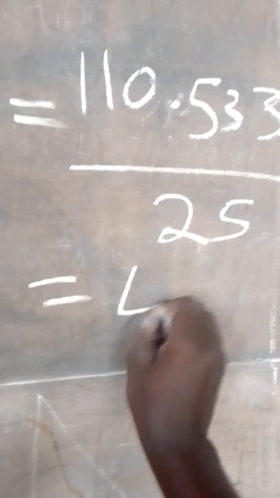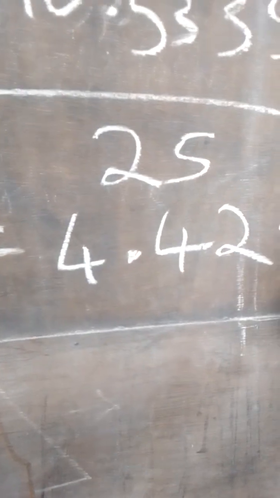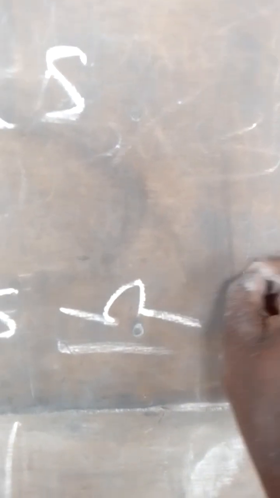When you divide it, it gives you 4.42 trips. So this is approximately 5 trips of 25 tons of chippings. All right, that is it. Now I want to show you from the beginning what we did.